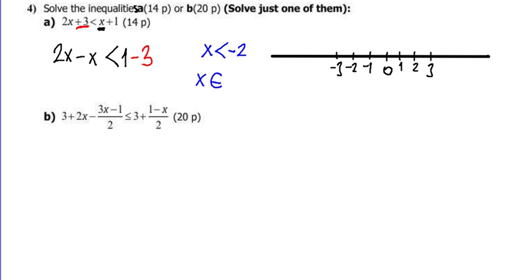So we have to start from minus 2, but here inside will be open. How can I show this?